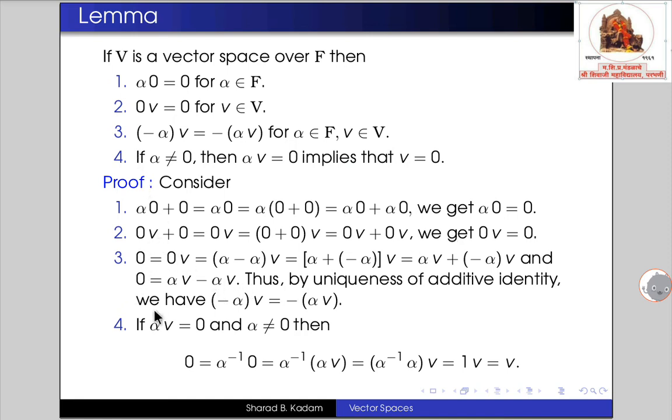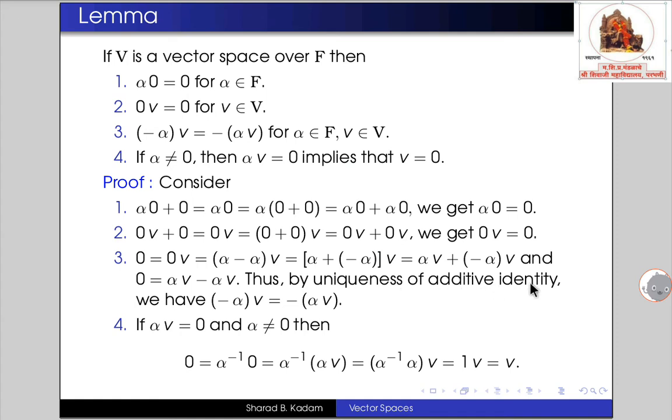Next, third condition, we have to show that minus alpha into V equals to minus in bracket alpha V. So we know that 0 equals to 0 into V, and 0 is nothing but alpha minus alpha into V. So by the eighth property, we have alpha plus in bracket minus alpha into V, which equals to alpha into V plus minus alpha into V, and we also know that 0 equals to alpha V minus alpha V, and we know that additive inverse of an element is always unique.